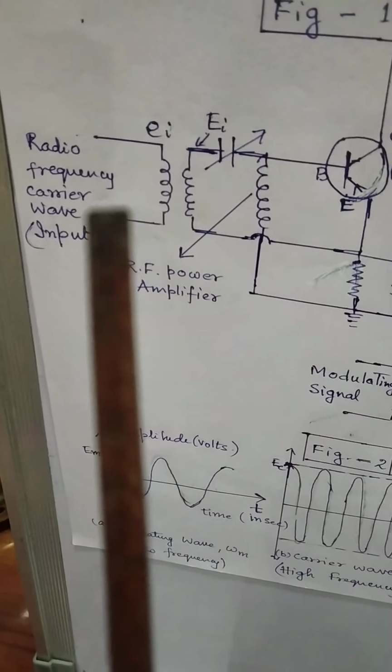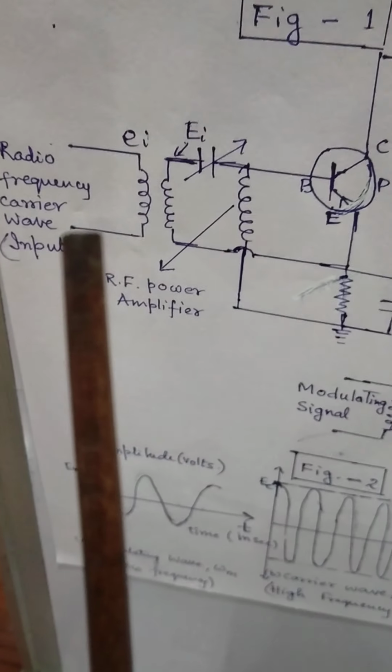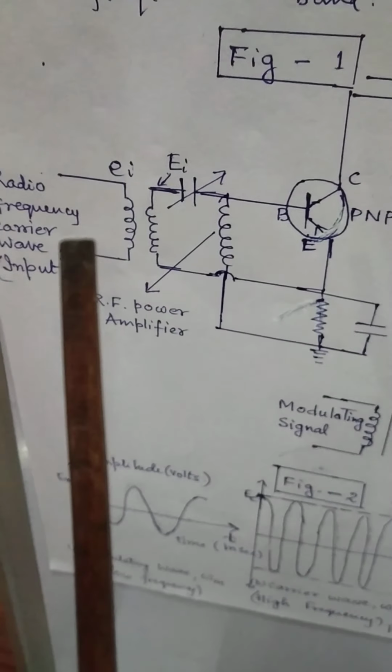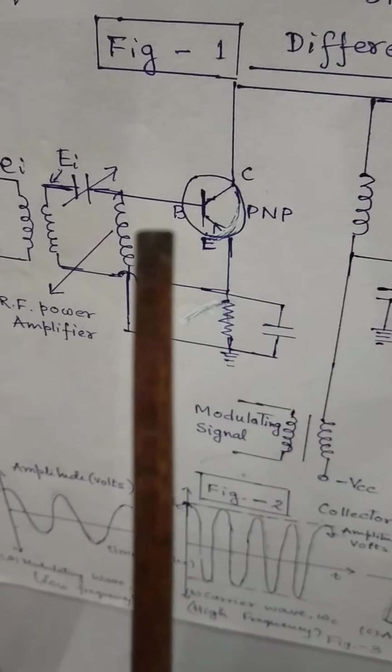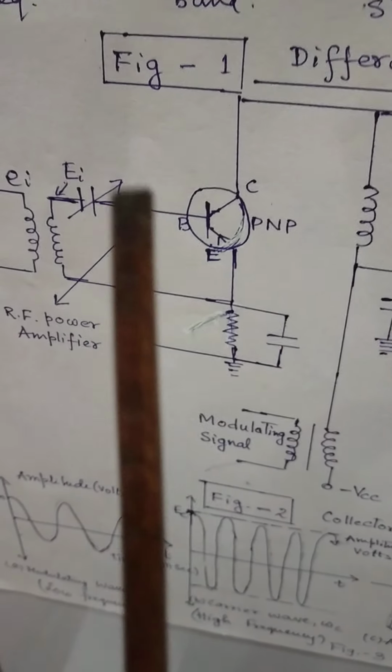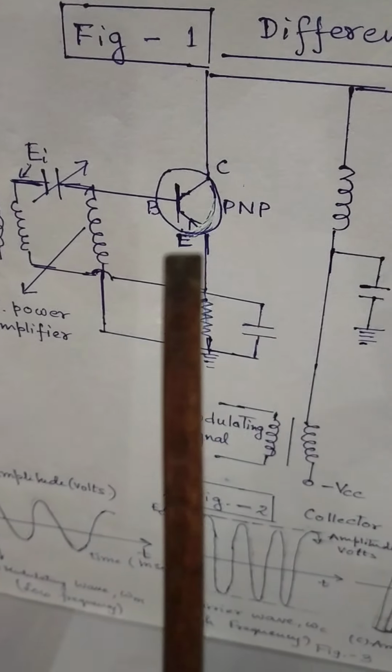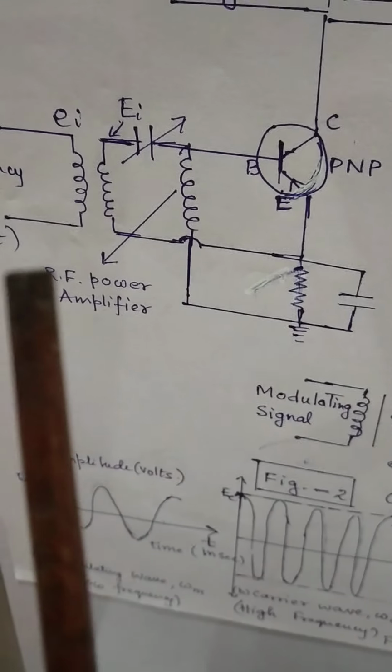Now, in the input circuit, the radio frequency carrier wave is supplied from here. This is connected with the base, between the base and the emitter.